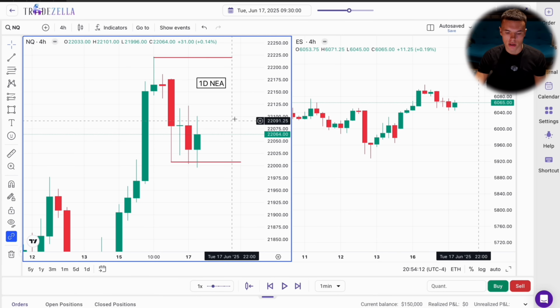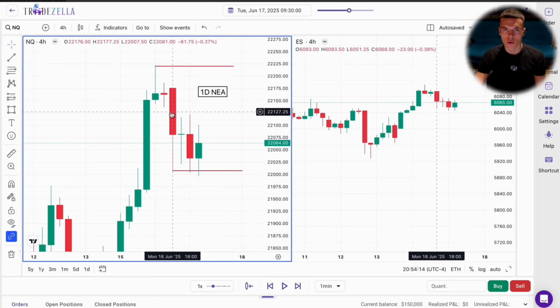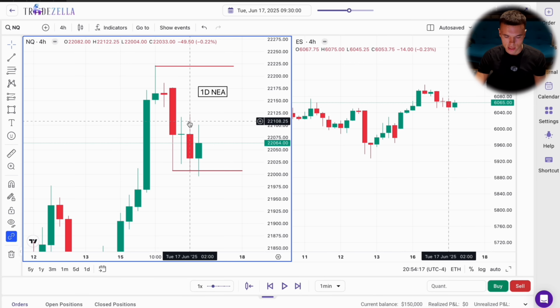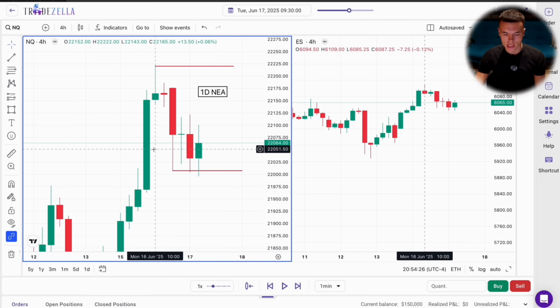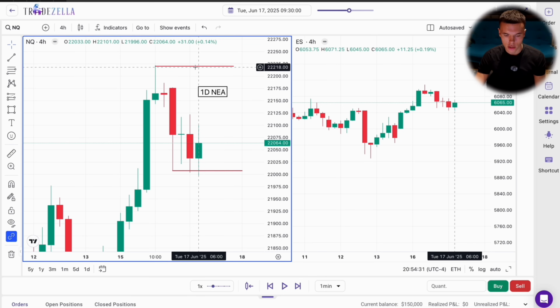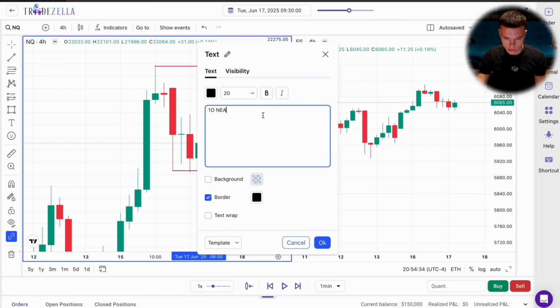Price traded out of the 4-hour bearish gap on the candle previously. We took out the low, so we met the draw for the 4-hour bearish gap. As of now, this candle is not inside of that bearish gap. Therefore, we're going to take a bullish bias on the 4-hour, with an overall draw for the high. So now we can write down 4-hour bullish.